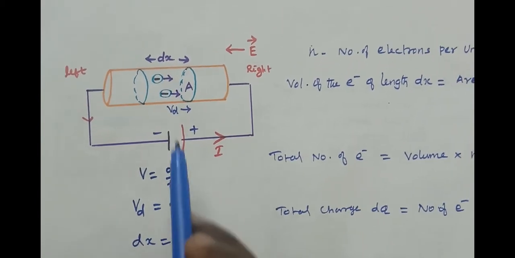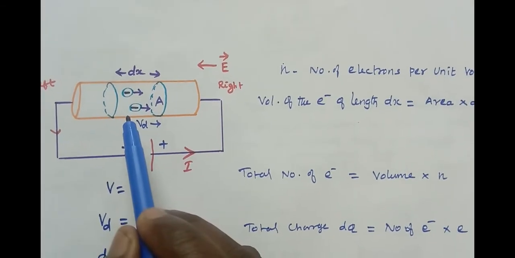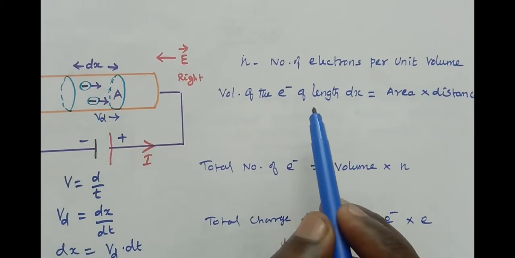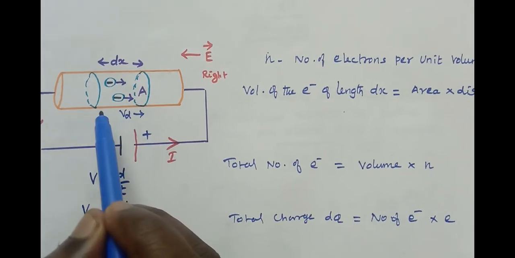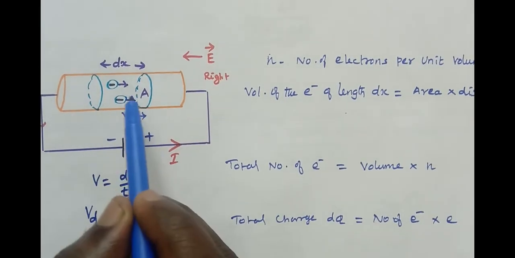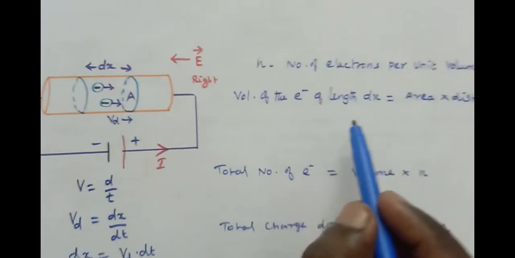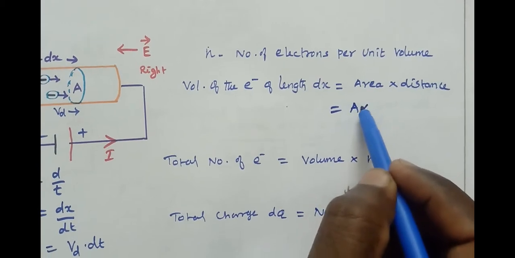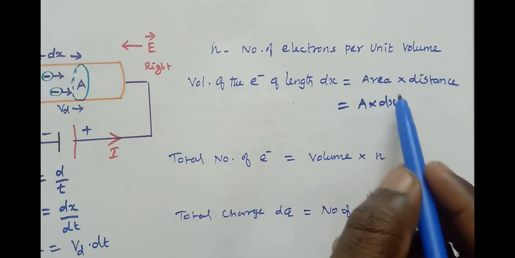Now n is the number of electrons per unit volume. The volume of the element of length dx is area into dx. So students, we already found dx.